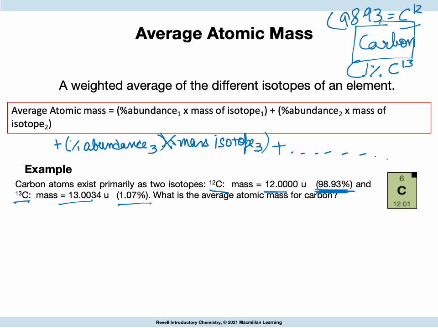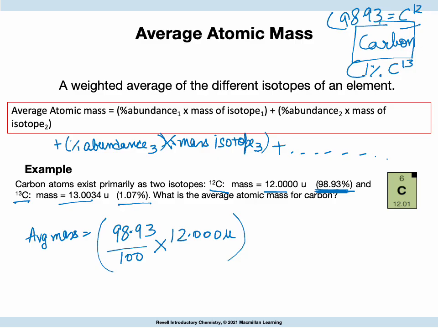Use the formula. So average mass is going to be percent abundance of the first one, which is 98.93, but because it's a percentage, we will divide it by 100, because we can't use a percent in the calculation, times 12.000 U. U is an abbreviation for AMU.